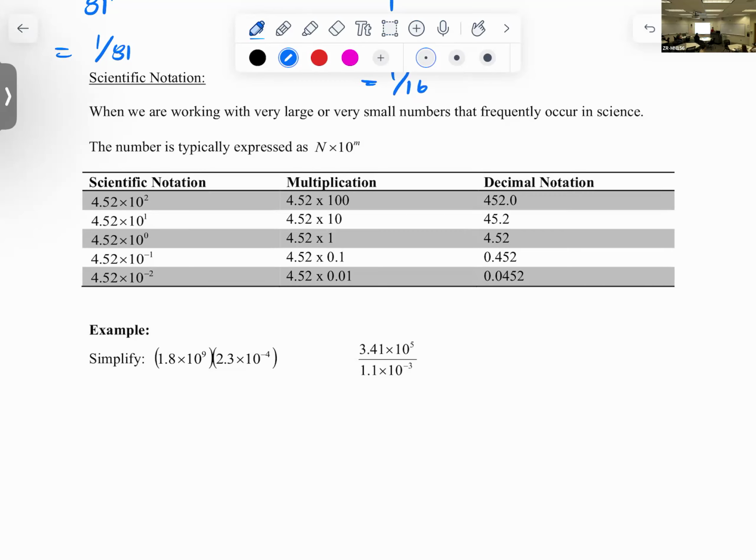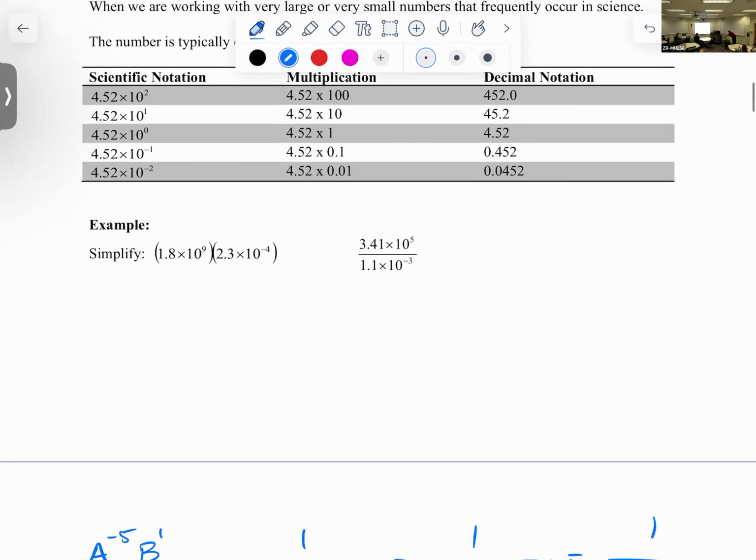That's also good for the math, because when doing math with scientific notation, you actually can break this up into each individual piece. 1.8, ignoring the times 10 part, and 2.3.